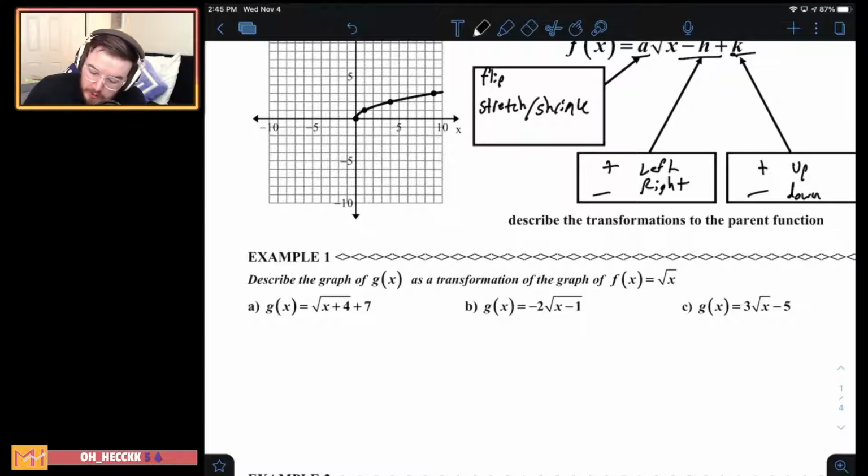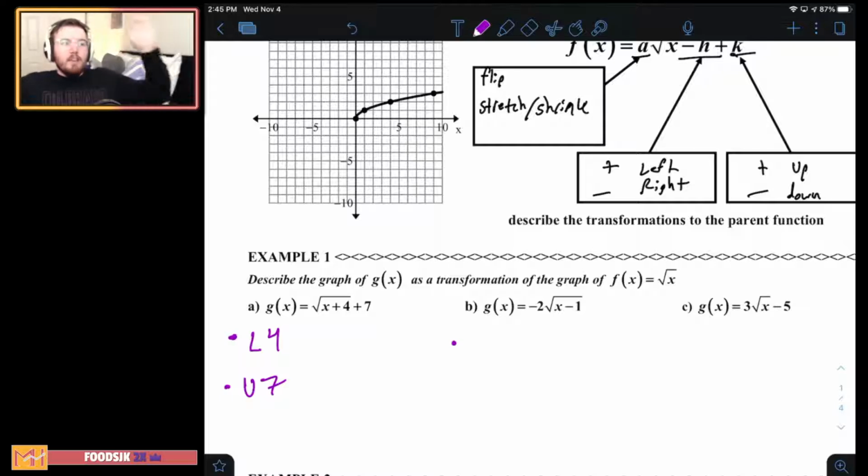So let's just rattle off the transformation in words, okay? Describe the transformation. Well, when I look at this, a plus 4 means left 4 because it's the opposite. You have this natural tendency to want to think to the right. It's the opposite under the square root. It's left 4 and up 7. Plus 7 we can trust. That negative out in front of the 2, remember, if it's positive, it opens upwards.